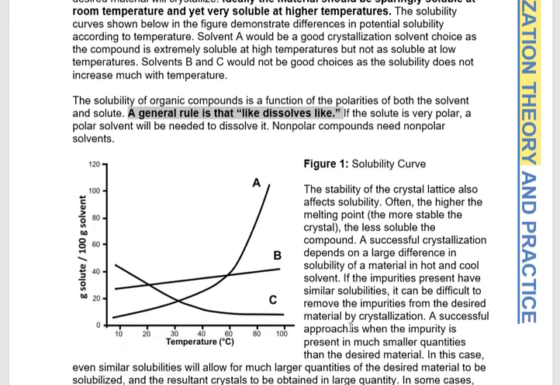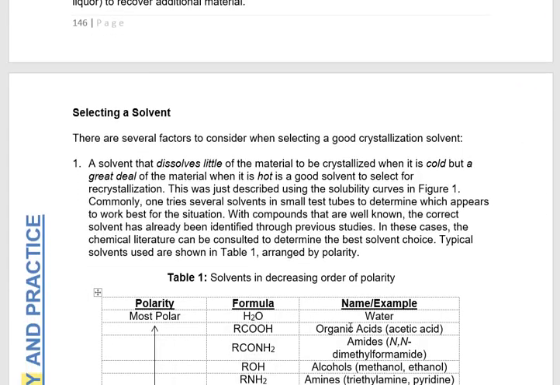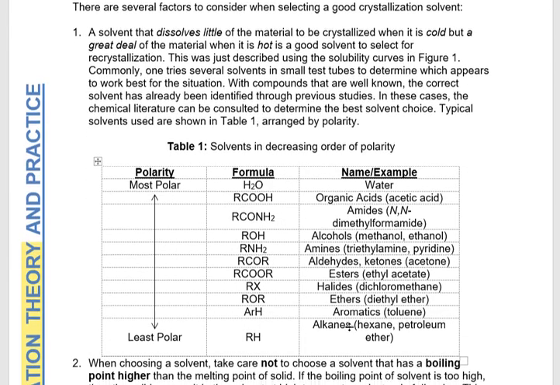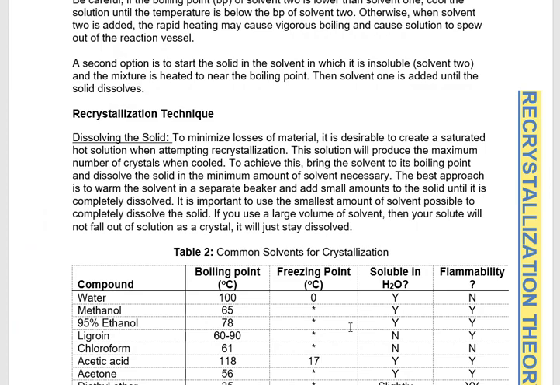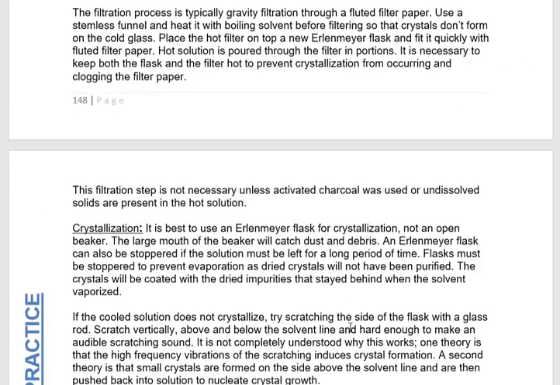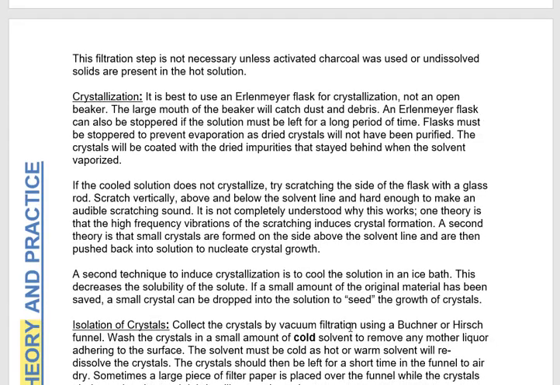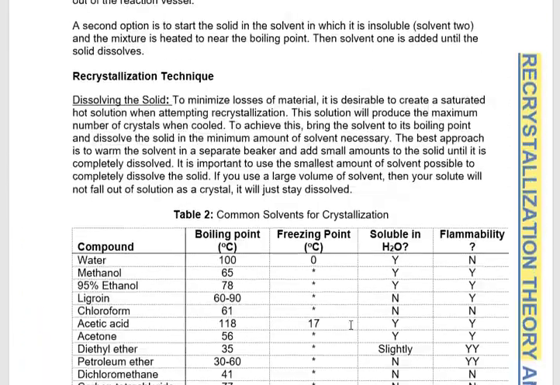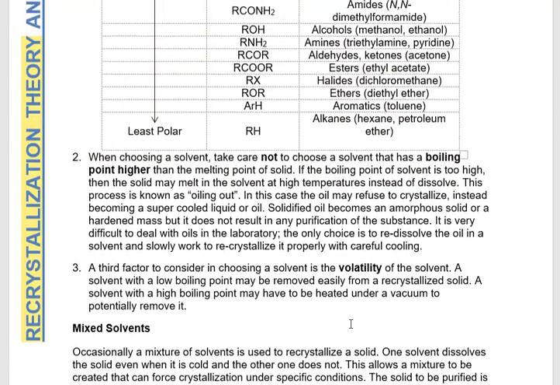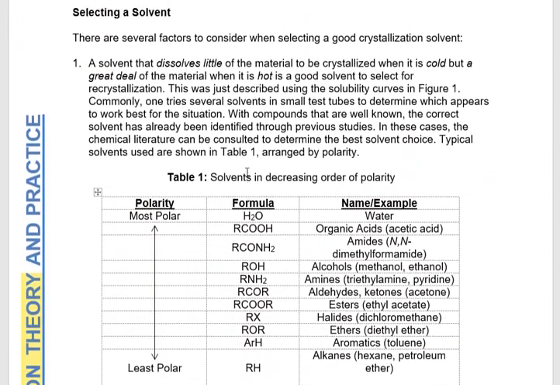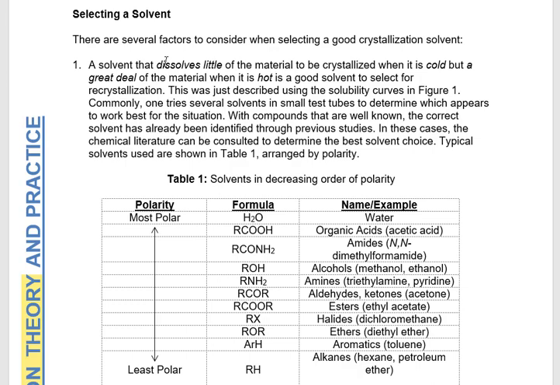I'm going to skim through this because you really do need to go through all of this in your head, but there are a few criteria you want to pay attention to in this process. When you're looking at your solvent, remember like dissolves like, but you also don't want your compound to be very soluble at room temperature.